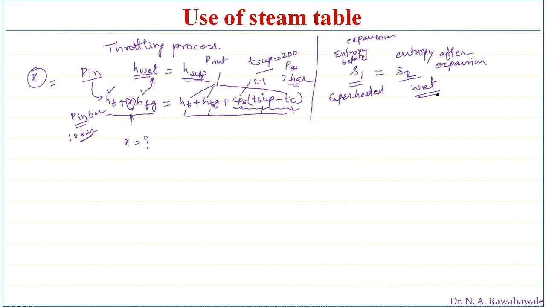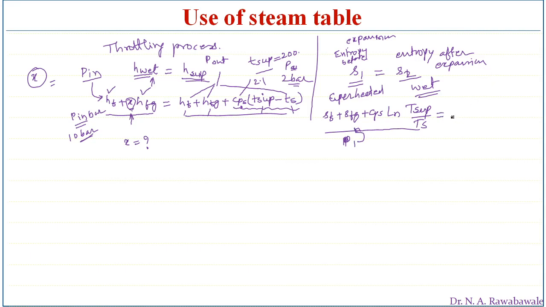To find out entropy of superheated steam, we have the formula sf plus sfg plus Cps ln(T sup divided by Ts). These properties are at the pressure before expansion. Say for example pressure P1, at pressure P1 we find out all these properties. So all these properties will be known to us before expansion, and after expansion steam becomes wet.